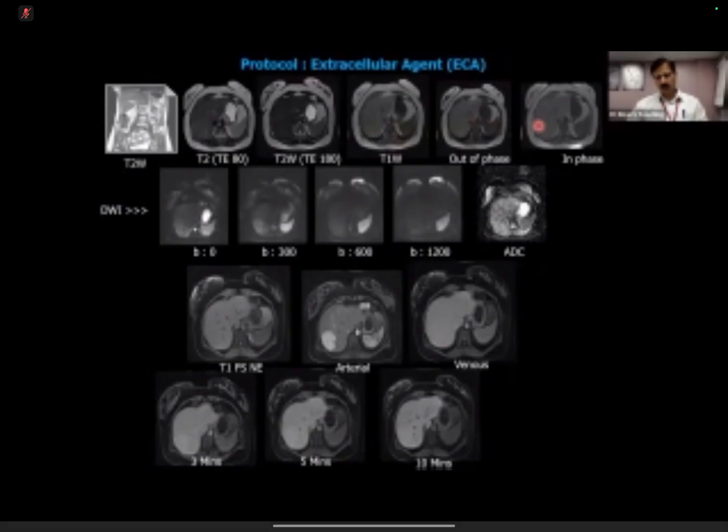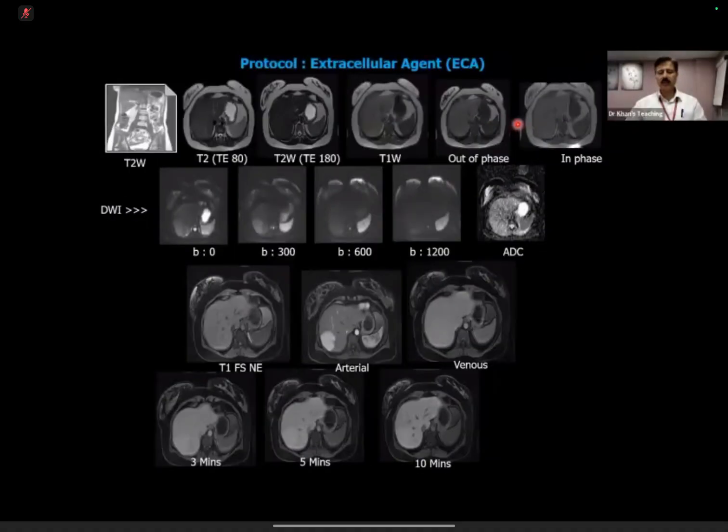Now this is extremely important for your exam, and this will come in your exam, not only for liver imaging, but also for adrenal imaging. Here we do an in-phase and out-of-phase sequence, opposed phase or in-phase or out-of-phase, whatever you want to call it. The key is that on an out-of-phase sequence, anything which is fatty will show signal dropout.